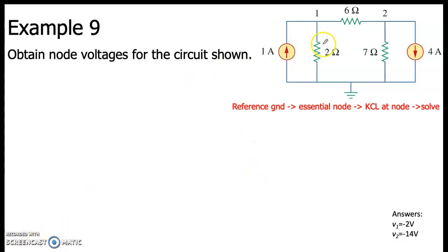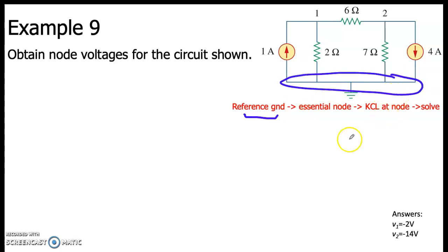Okay, so let's try to solve example 9. First, let's identify what is the reference ground. So we have here, down here is the reference ground. Okay, so where are the essential nodes? So here you can name V1. And then here is V2.